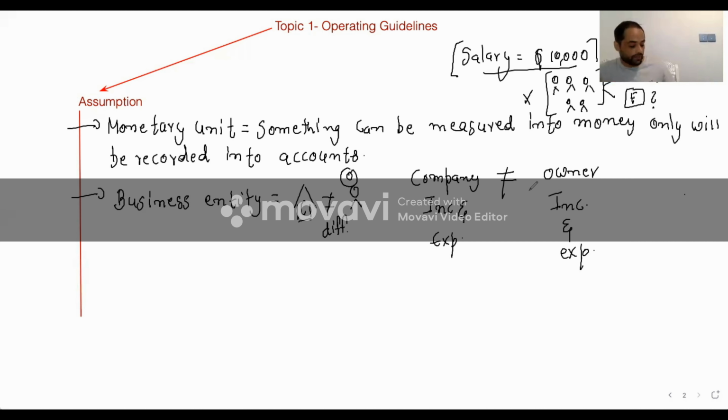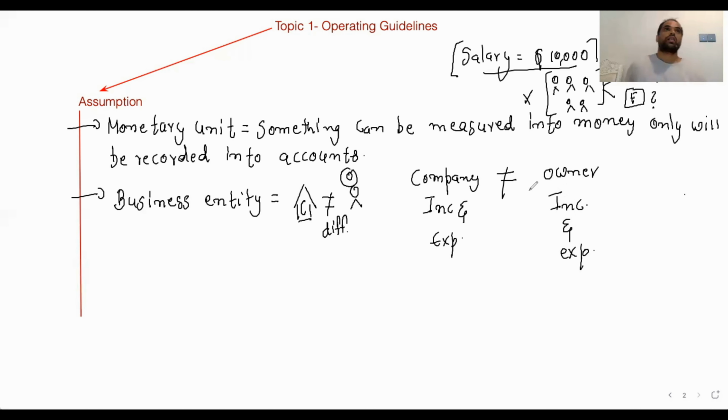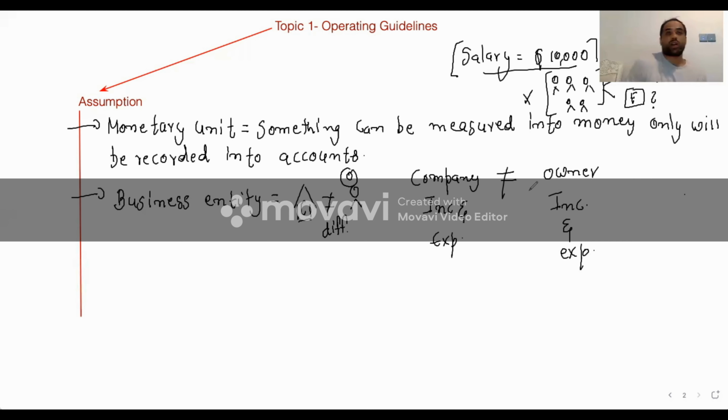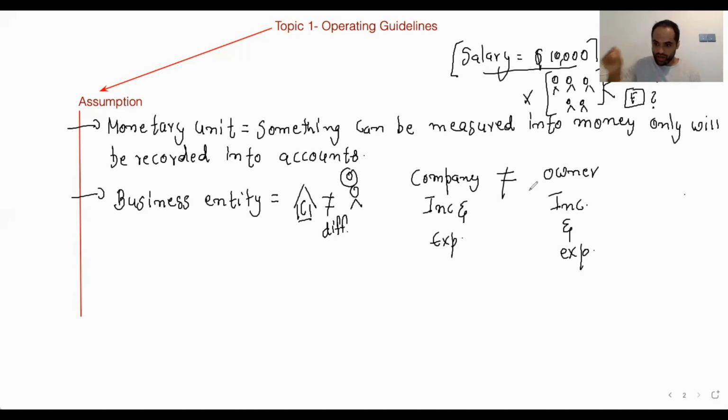Let me give you another example. For example, you are the owner of a company. Yesterday, you went out with your friends and family and you spent, let's say, $100 for dinner. The next day, you come to the company and record the dinner expense of $100 in the company accounts.